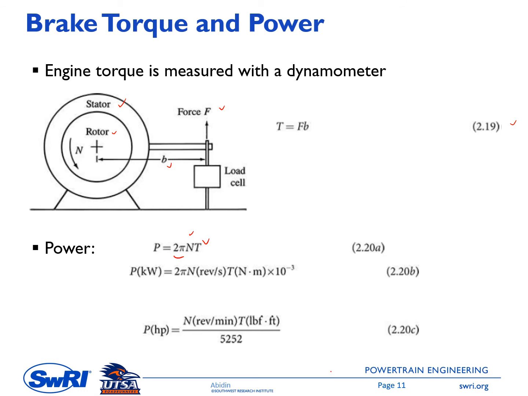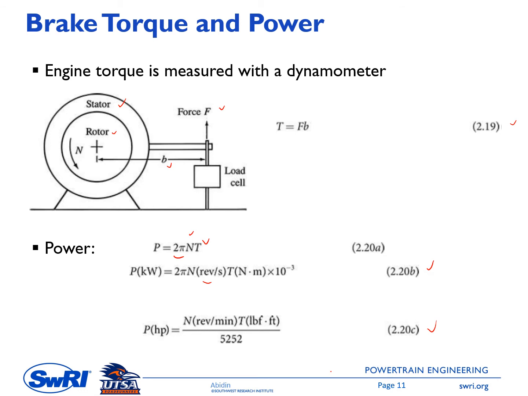And then there are two additional equations here. This is just to help us calculate the power in a different unit. In case you want to have the engine power in kilowatts, you can use the engine speed in terms of rotation per second, usually called RPS.